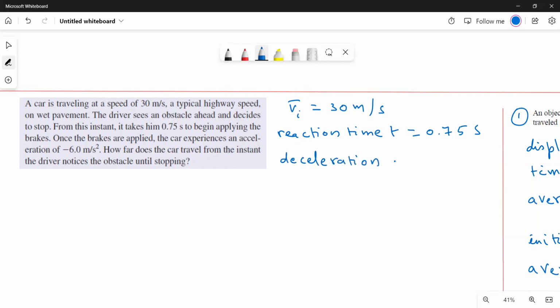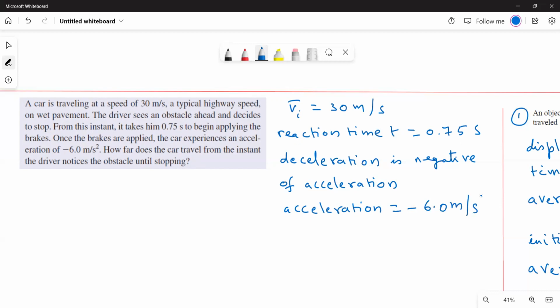Deceleration is nothing but the negative of acceleration, because here the acceleration is given as negative 6 meters per second square. Therefore, deceleration is the negative of the acceleration that is given to us.